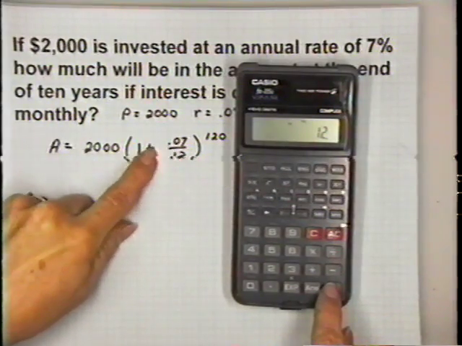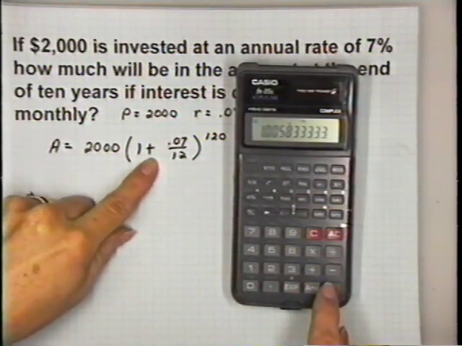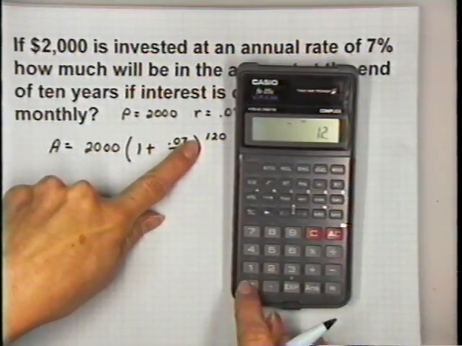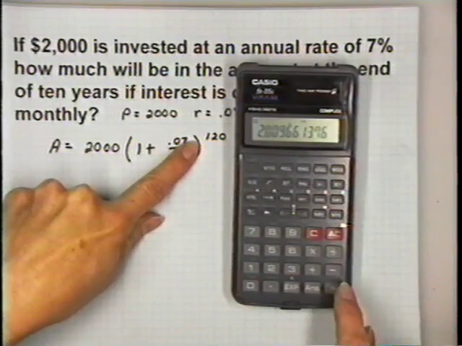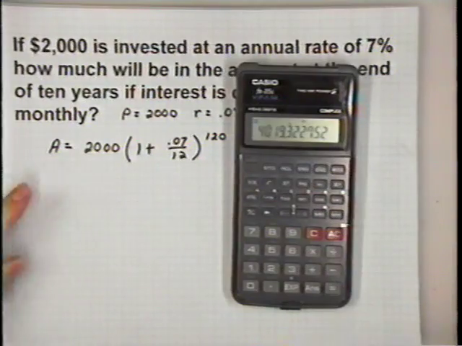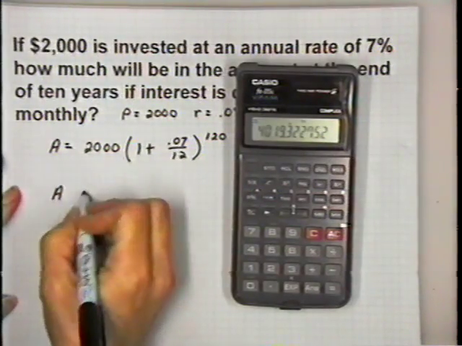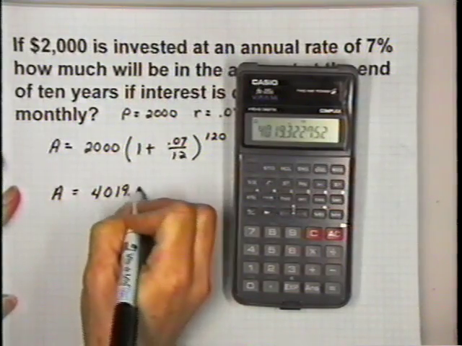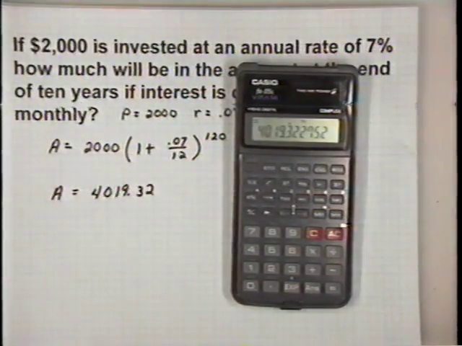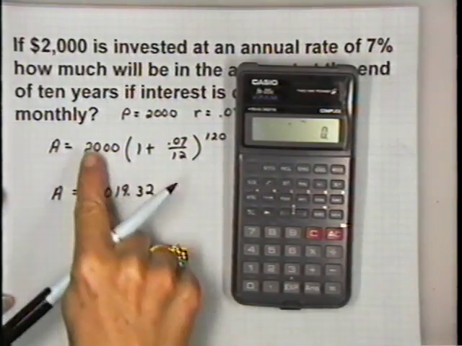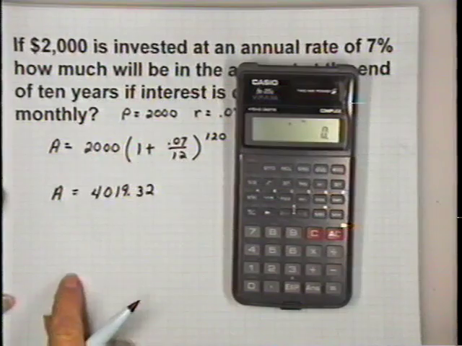It knows to divide before it adds. Now, I have my base. I'm going to use my x to the y key and raise that to the 120th power. And then I'm going to multiply by this 2,000. That's over here. And what I have here is that A is $4,019.32.